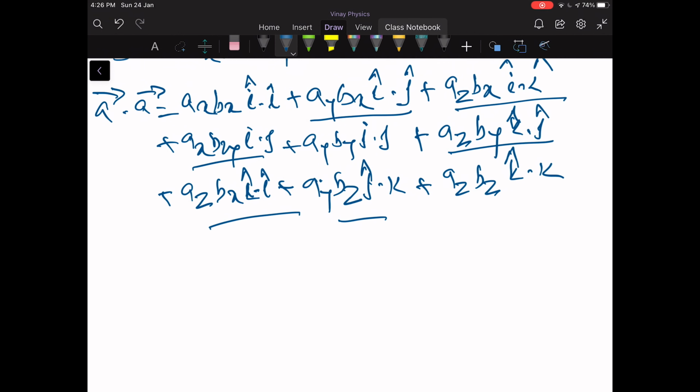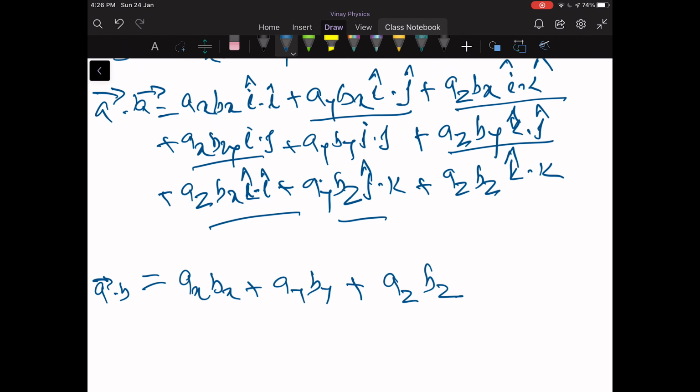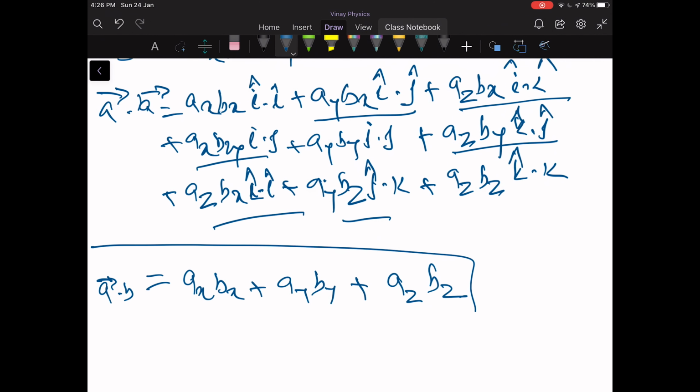So i dot i will be 1, j dot j will be 1 and k dot k will be 1. So the multiplication of these two vectors is AX BX plus AY BY plus AZ BZ. This is basically the generic formula of A dot B, and this is also known as the dot product of two vectors.